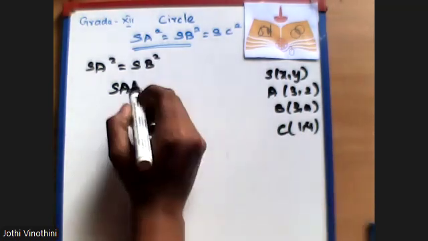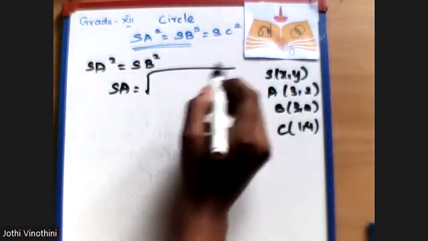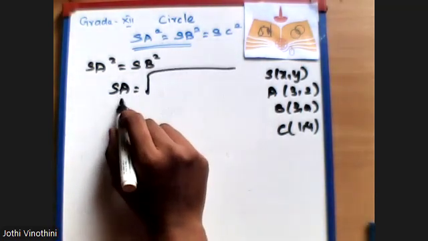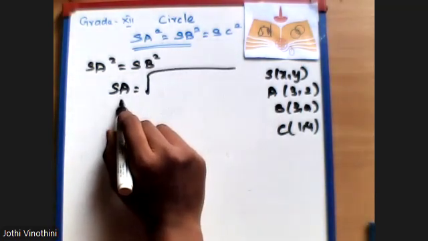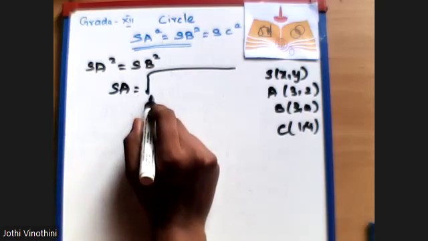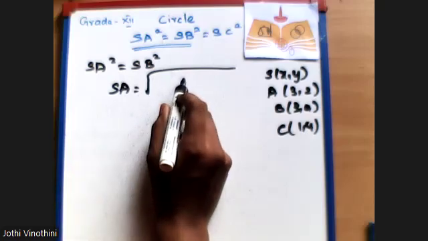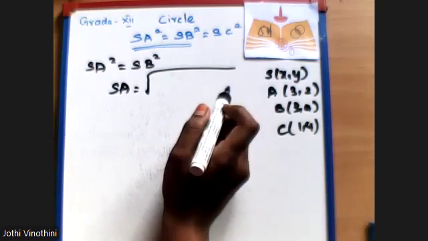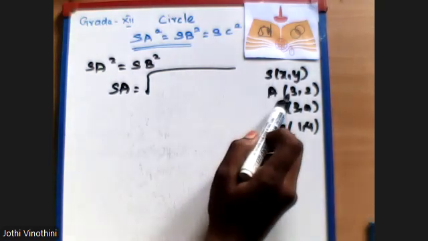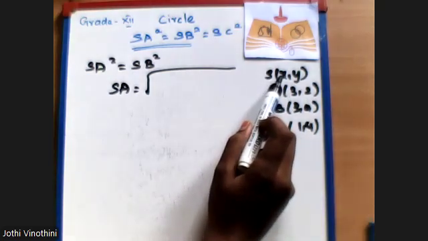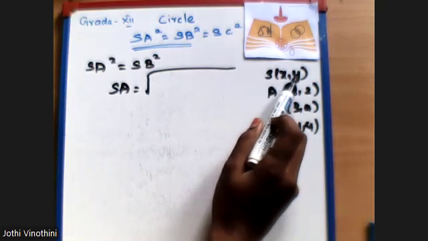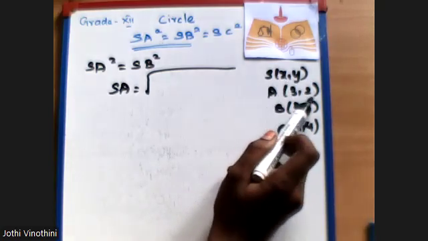So SA equals square root of, SA is a distance. What is the formula of distance? D is equal to square root of x1 minus x2 the whole square plus y1 minus y2 the whole square. I'm going to consider S as x1, y1 and A as x2, y2.